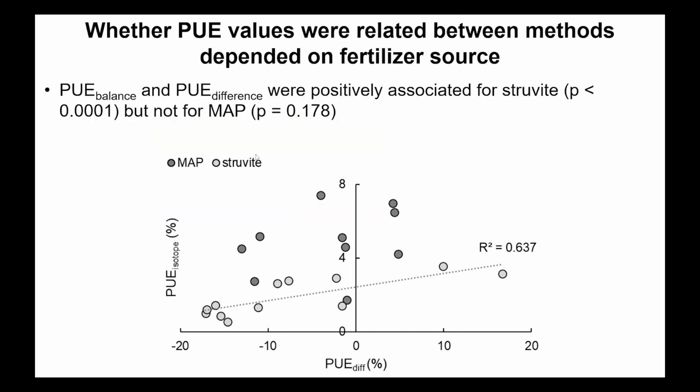When it came to MAP, there was no correlation, but for struvite there was a correlation between PUE by difference and PUE by the isotope. It was statistically significant, even though the R squared is a little shaky, at 0.63. So this suggests that solubility does influence how well we can have correspondence between PUE by the two methods of determination.